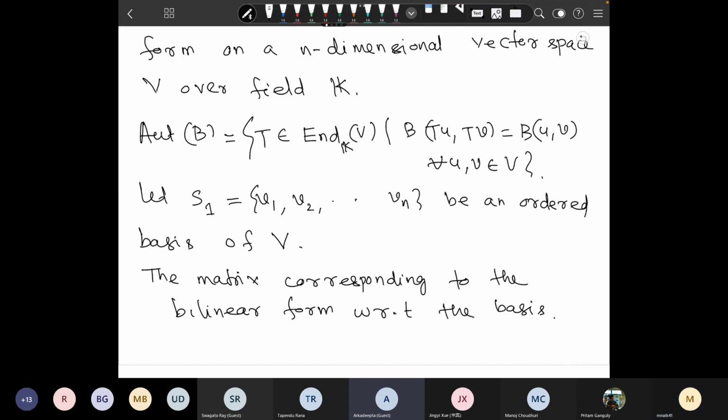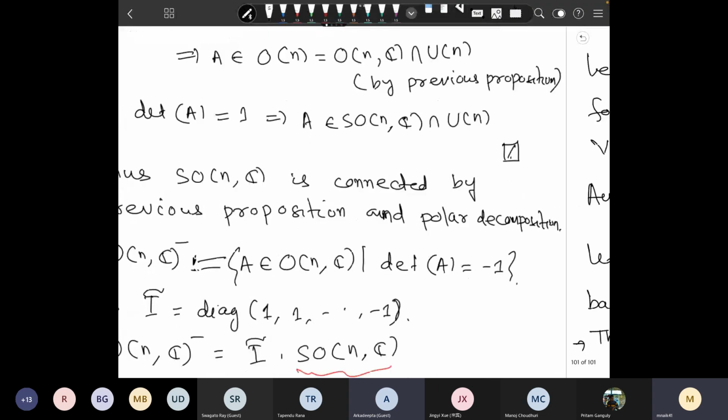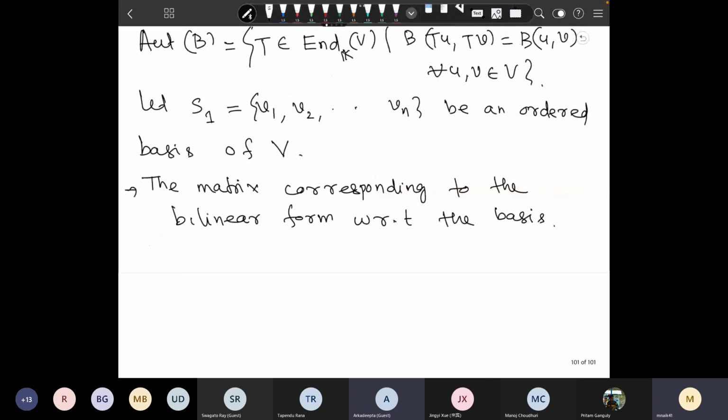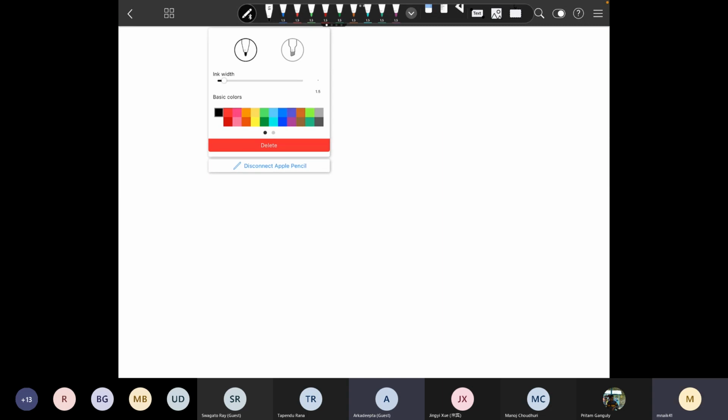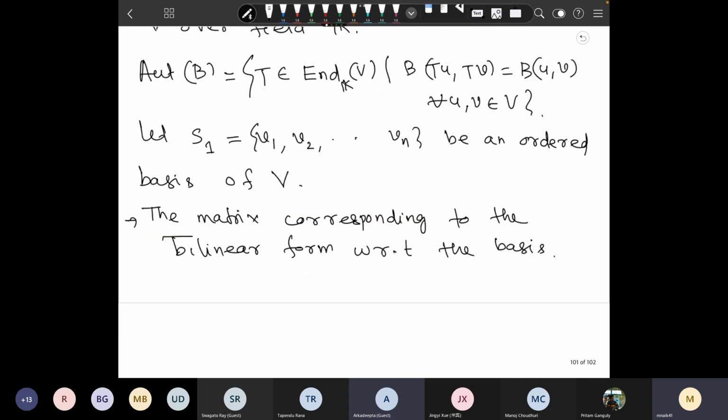How does one form this matrix? I take Aij equal to B of Vi, Vj, and this matrix is nothing but Aij. Okay, so let us modify this.